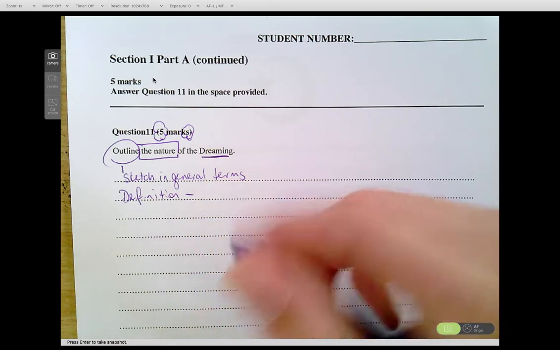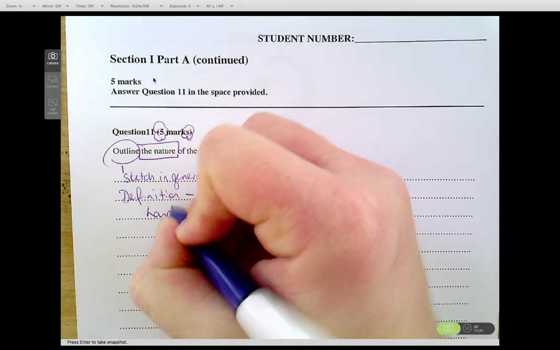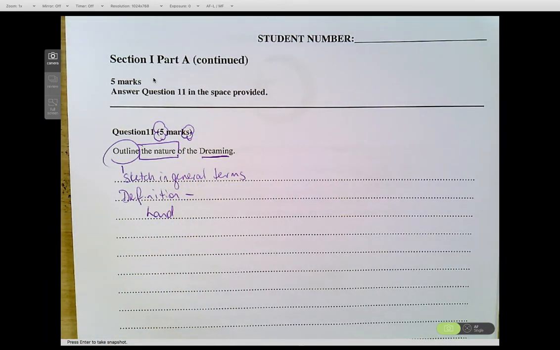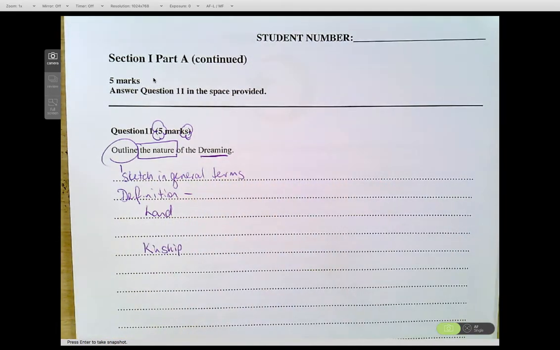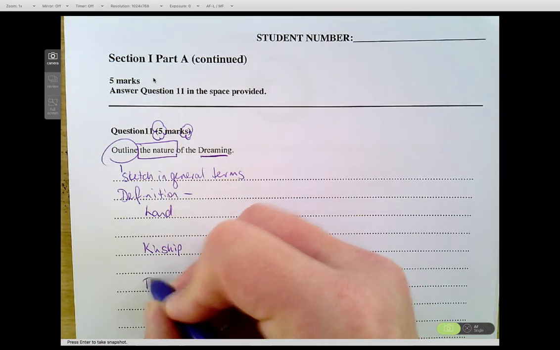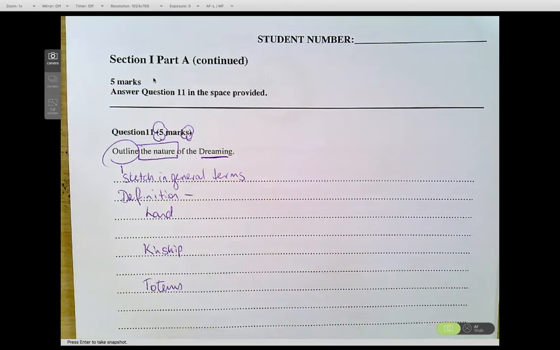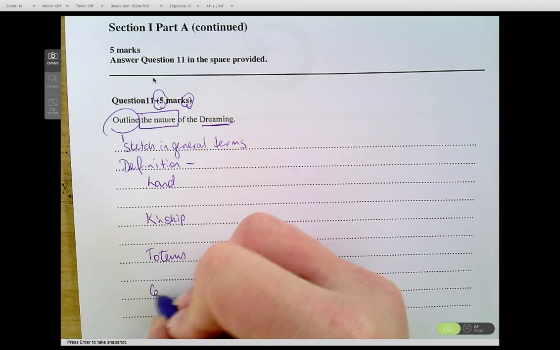So that would be my definition. Then an example that I would use about the nature of the dreaming would be kinship. The kinship groups, and I could do totems or ceremonial life.